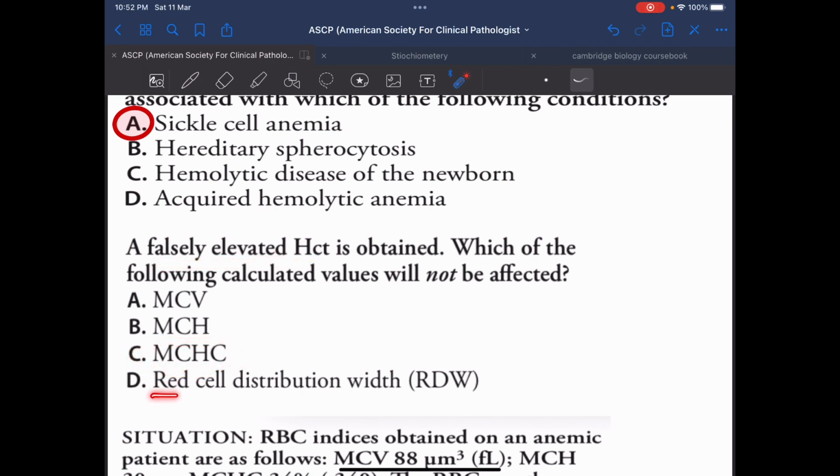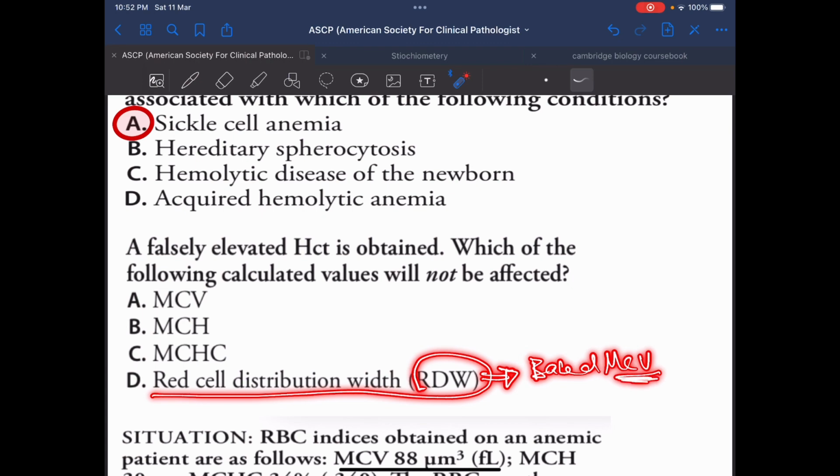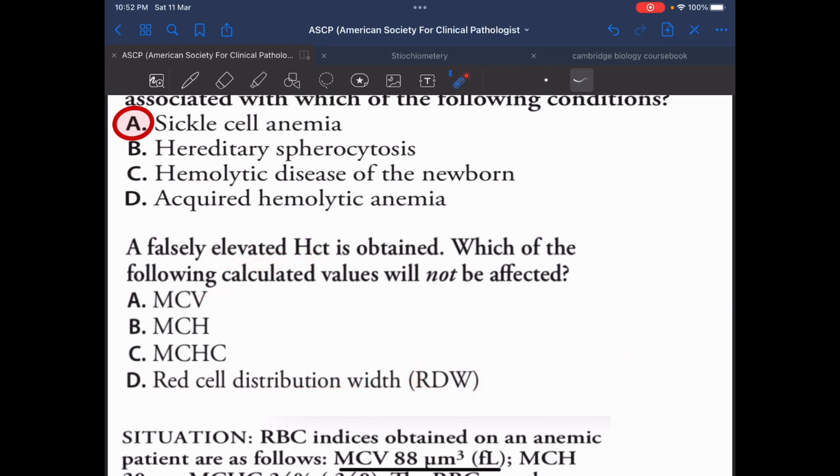What about red cell distribution width? In automated machines, it is based on MCV calculation, which will be affected by the hematocrit. So RDW will also be affected.